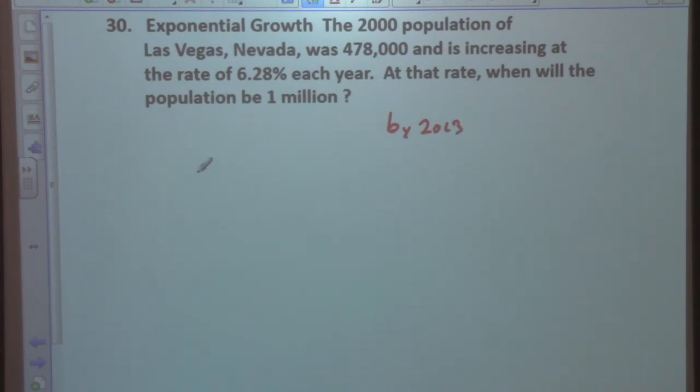I did 1,000,000 equals 478,000 times 1.0628 to the power of t. It's a power of t.